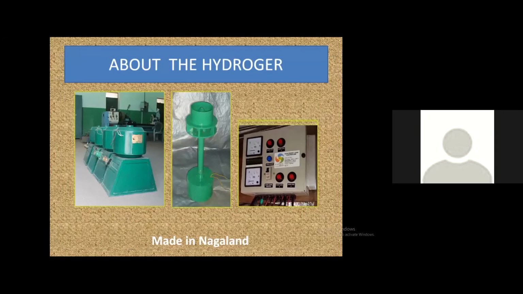This brings us to our main focus, which is hydro. This is a pico unit, and as you can see from the slide, on the left-hand side is our pico turbine, which is impulse, in the center is a reaction type, and on the right-hand side is our electronic load controller.